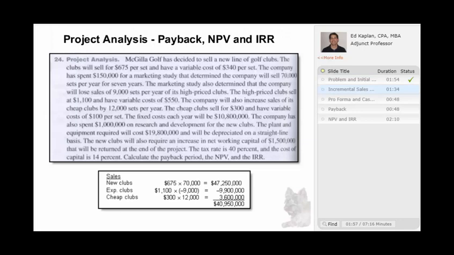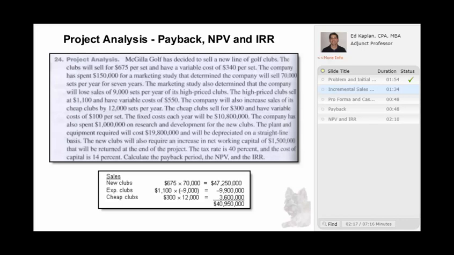Next, we need to determine the incremental sales and incremental costs. So the problem tells us that the new clubs, which will sell for $675 per set, the problem tells us we'll sell 70,000 of those, so that comes out to be $47,250,000.